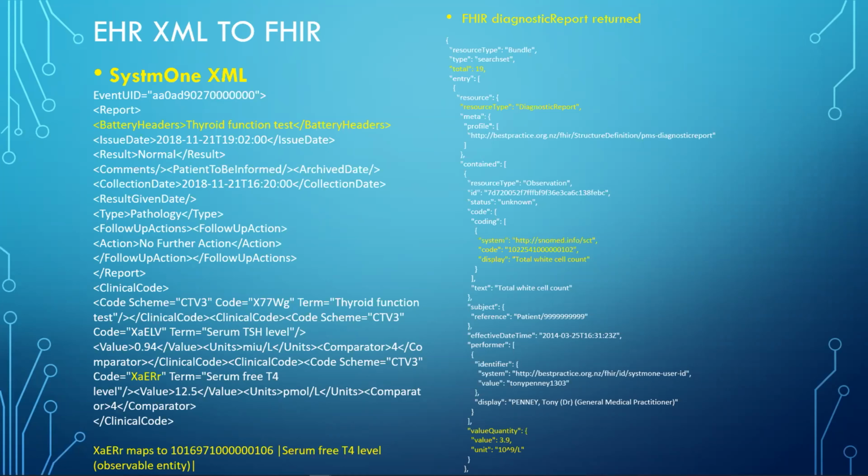And as you can see on the right-hand side here, I've got a different patient and it's a different test. It's actually a white cell count, but it's been returned as a diagnostic report, containing that observation and the value at the end here. And it tells you a whole lot of other things as to when it was done, and that's related to the sample rather than anything else.